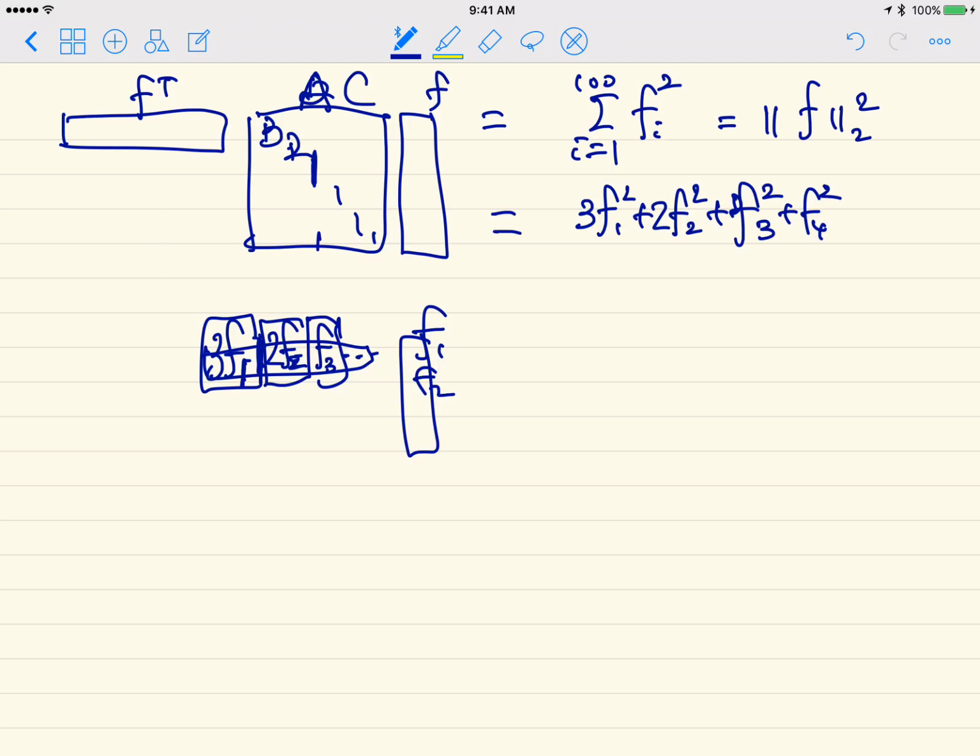So we can view those values as just a diagonal scaling of the original L2 norm, right?